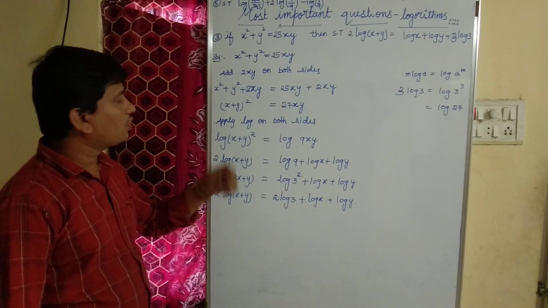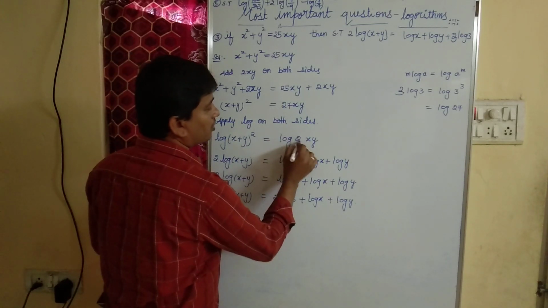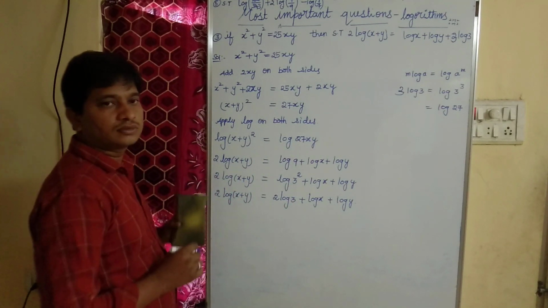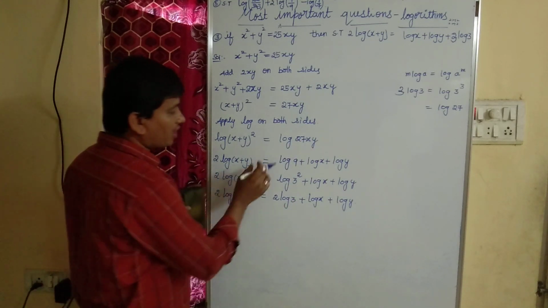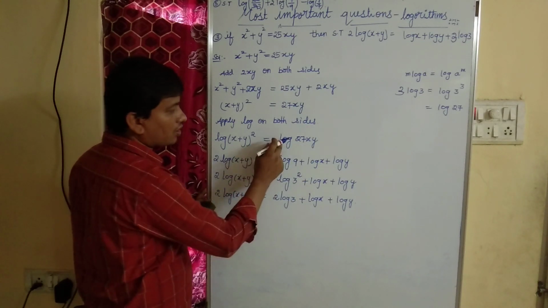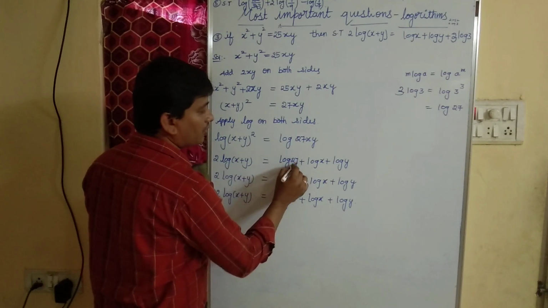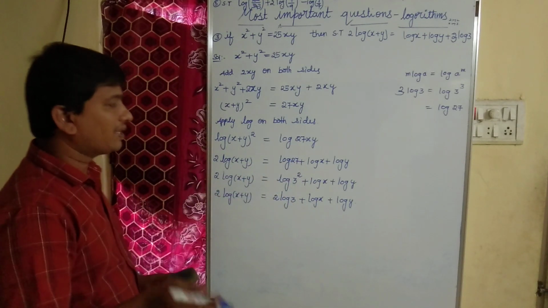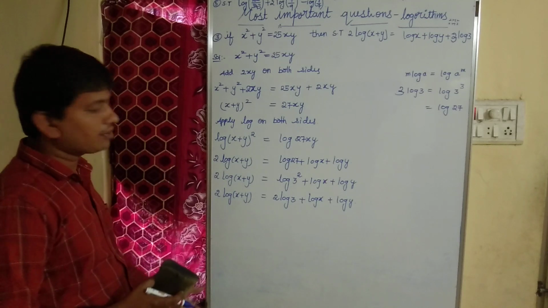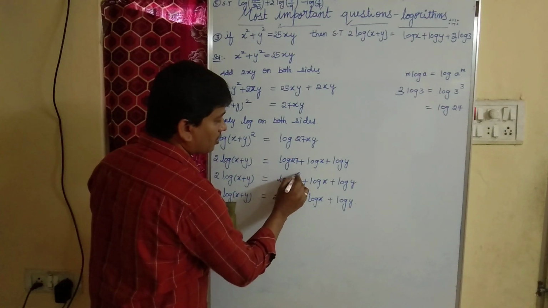Log of (x plus y) whole square equal to log, instead of 9 we have to write here 27xy. As 27, which is in the form of log abc, log 27 plus log x plus log y. As 27 we can write as 3 cube.